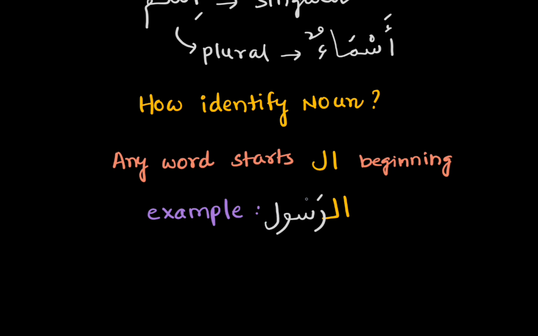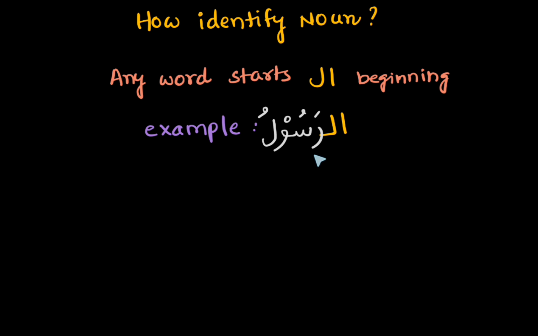Here you can see ar-rasulu. This word starts with alif lam. So when a word starts with alif lam, then such words are known as nouns. So this is a sign to identify a noun, that is, it should start with alif lam at the beginning.